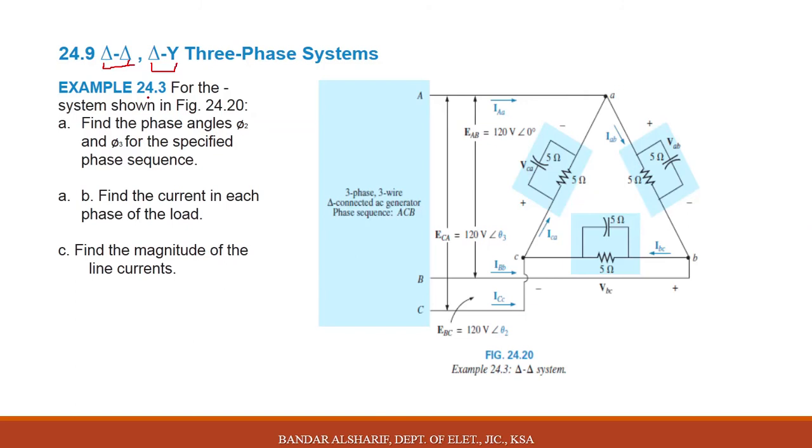For example 24.3, for the system shown in figure 24.2, which is this, find the phase angles theta 2 and theta 3 for the specified phase sequence. It is mentioned here, it is negative sequence ACB. You need to be careful when you solve the example. Since it is ACB, it is a negative sequence.